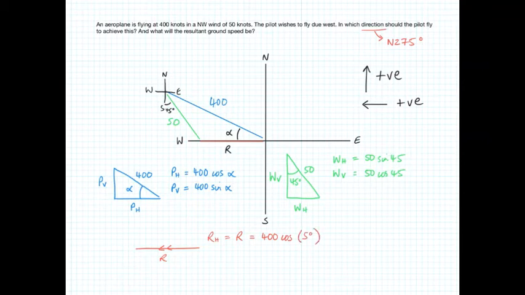And then the wind speed, that's acting in the other direction, so it's acting eastwards. So we subtract that away, so subtract the horizontal component, which is 50 sine 45 degrees. And if we calculate that, that gives us our resultant vector is 363 knots.